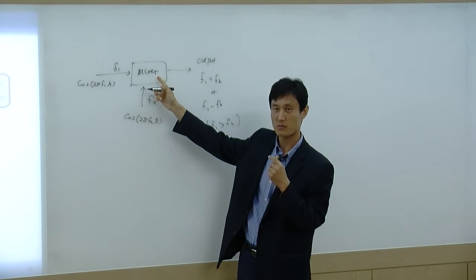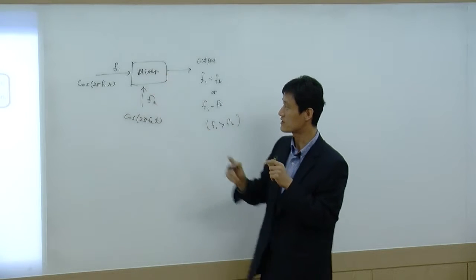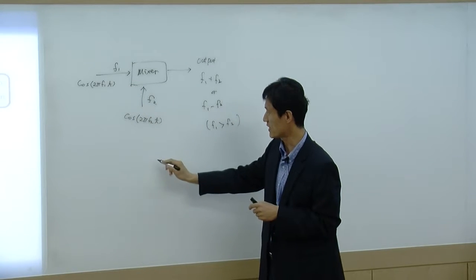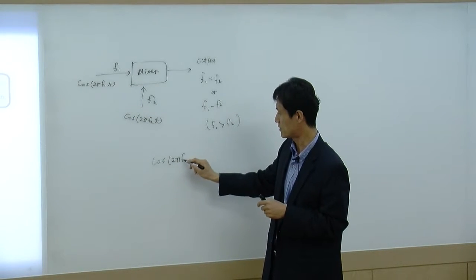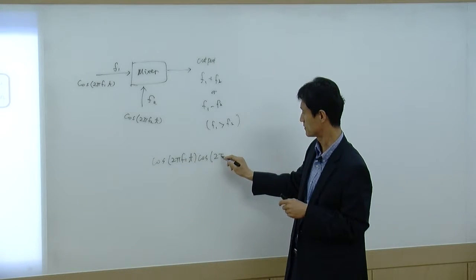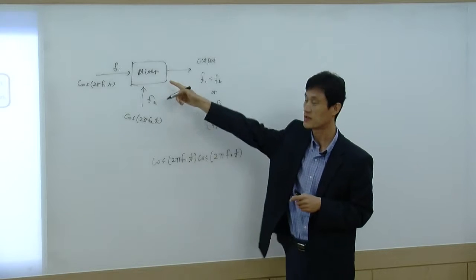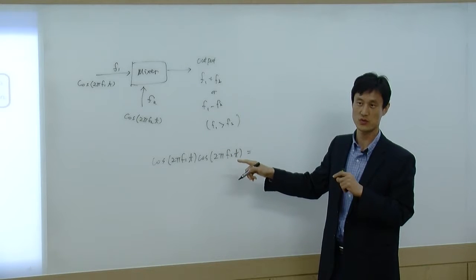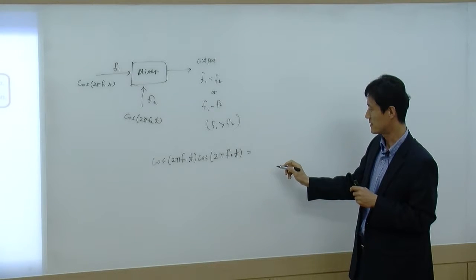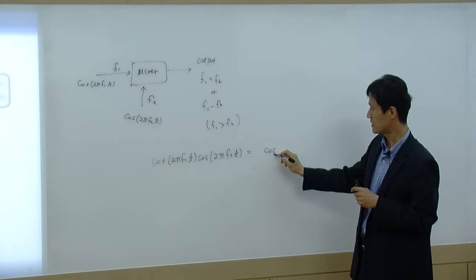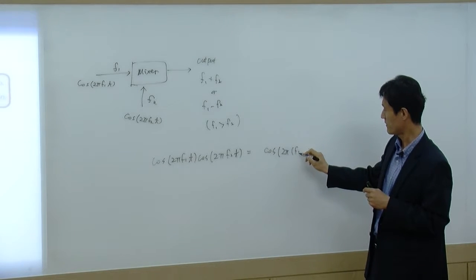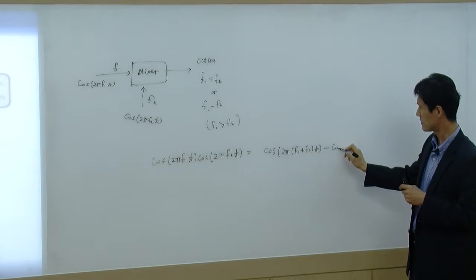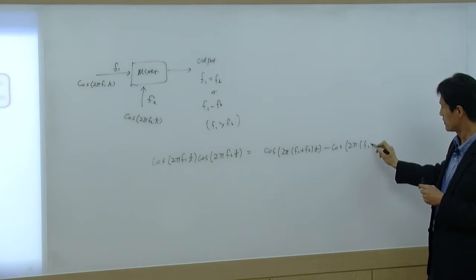It's very simple. This is hardware called the mixer, but the operation of a mixer is actually a multiplication. So this is cosine, the first input, and another cosine, the second input. Simply multiply these two. This is what's happening inside. We know that this multiplication of 2 cosines is the same as 1 over 2 times cosine 2 pi (f1 plus f2) t plus cosine 2 pi (f1 minus f2) t.